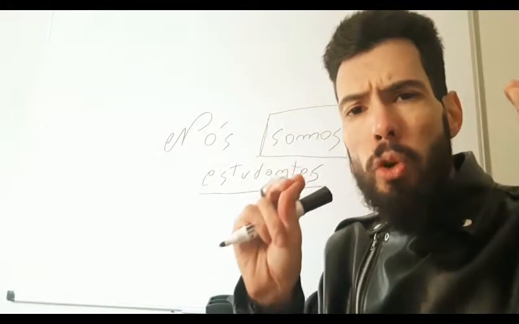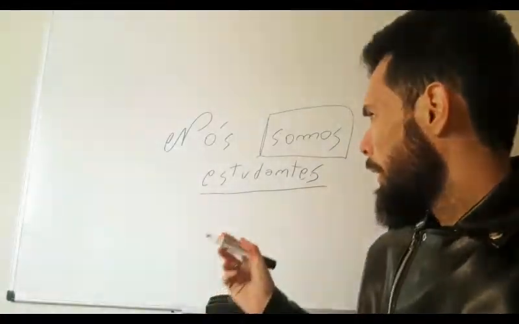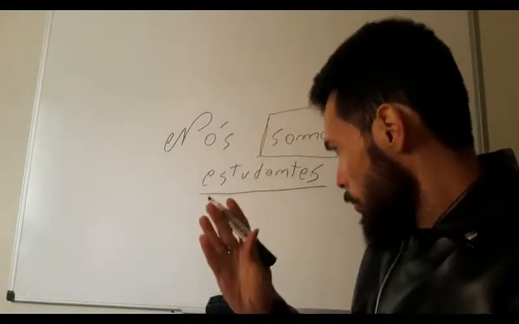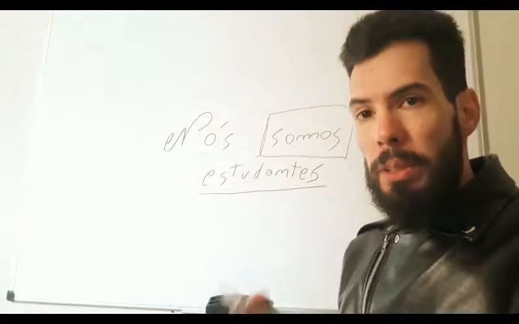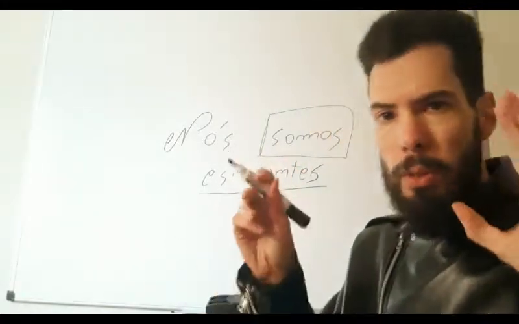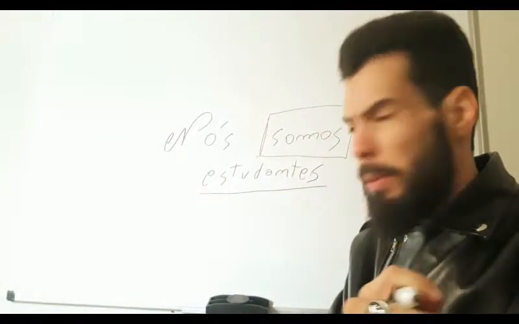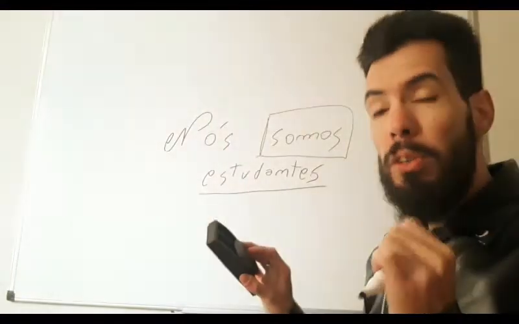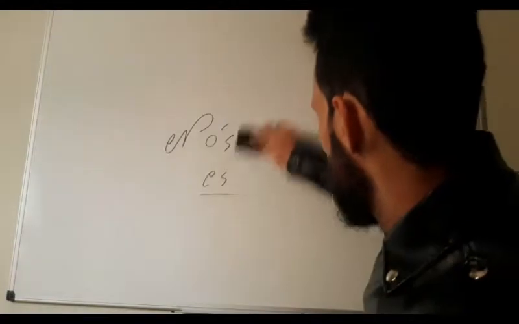Nós somos estudantes. Okay? We are students. So, that's very important to repeat. If necessary, pause the video and do it as many times as you need to get the pronunciation right. So, nós somos estudantes. This is the first person of plural.